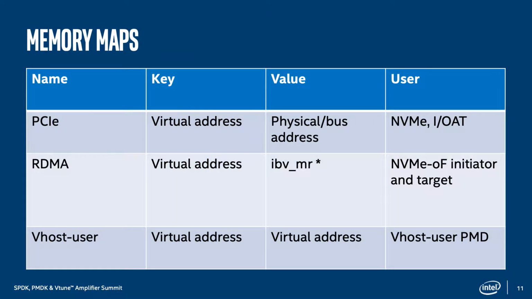So for example, we have a PCI memory map that translates virtual addresses to either physical or bus addresses, depending on whether you have IOMMU on your system or not. So inside the notification callback, we will register your memory to do the IOMMU.